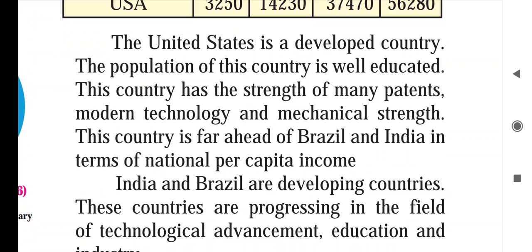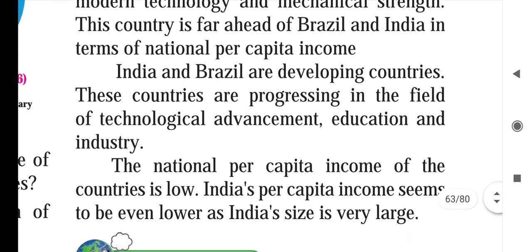Why is the USA more developed than India and Brazil? Because their population is first educated, then in the sense of technology and mechanical strength, that country is very ahead, so per capita income is also more.